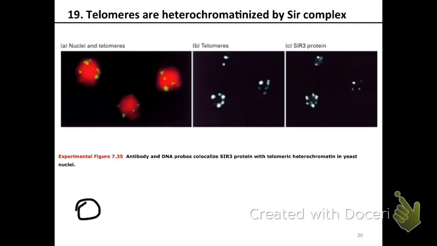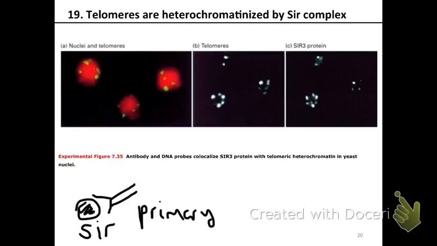So we're interested in where the SIR protein is. Next, what you do is you use what is called a primary antibody, because it's going to primarily bind to the target, okay? And this is the target.